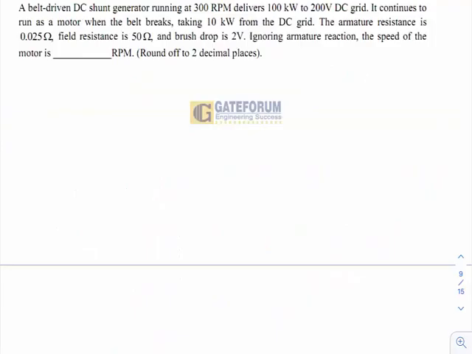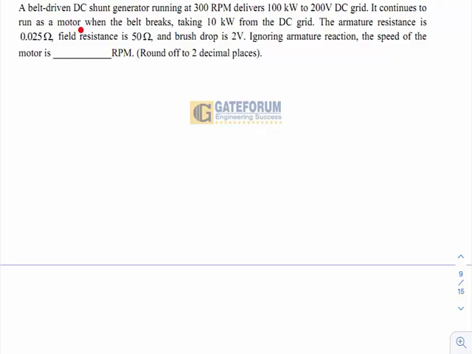This is GATE 2021 electrical machine question, okay, asked from the topic EMF equation of the DC machine. In this question, they are asking that a belt-driven DC shunt generator running at 300 RPM delivers 100 kilowatt to 200 volt DC grid.